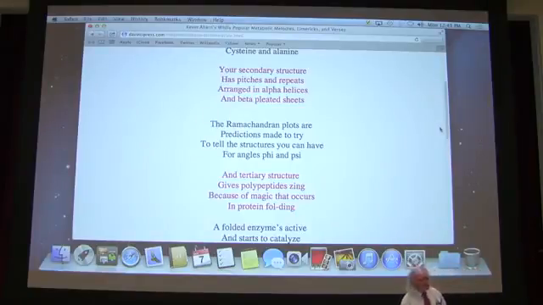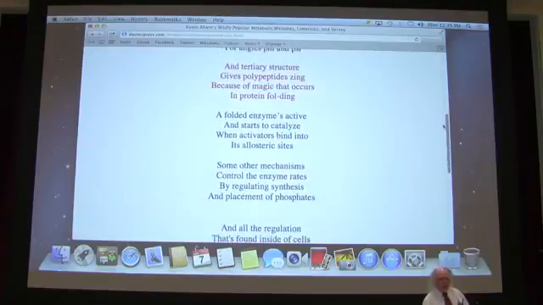The Ramachandran plots are predictions made to try to tell the structures you can have for angles phi and psi. And tertiary structure gives polypeptide zing because of magic that occurs in protein folding.